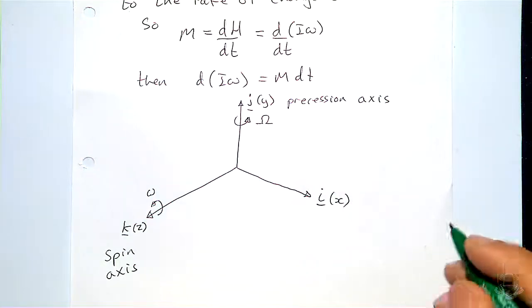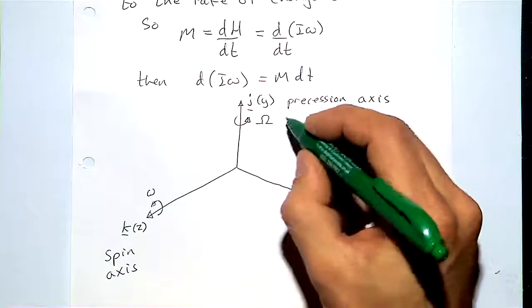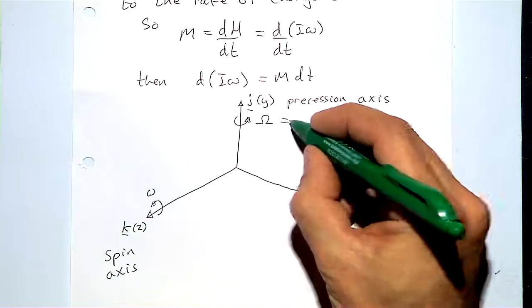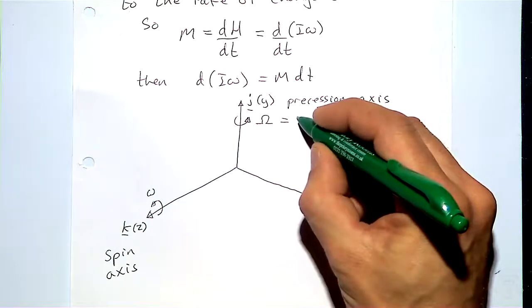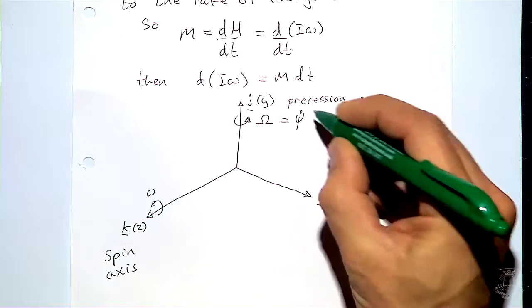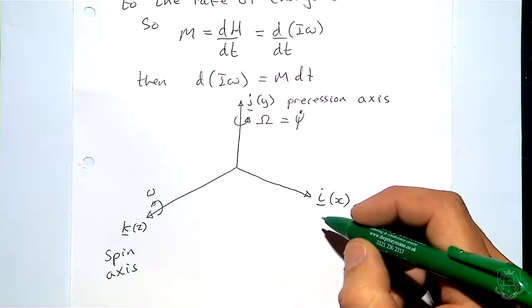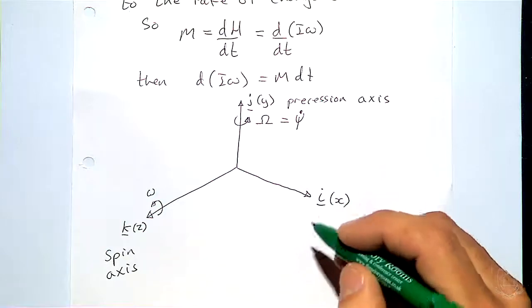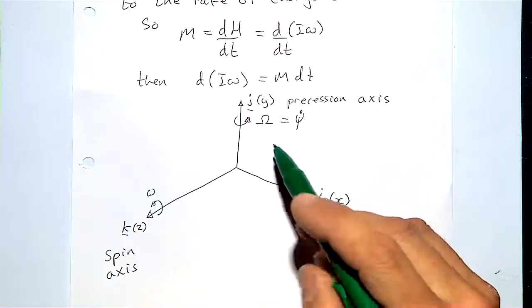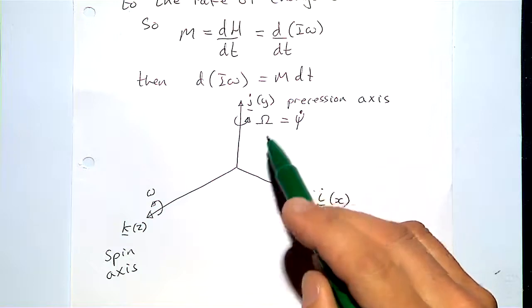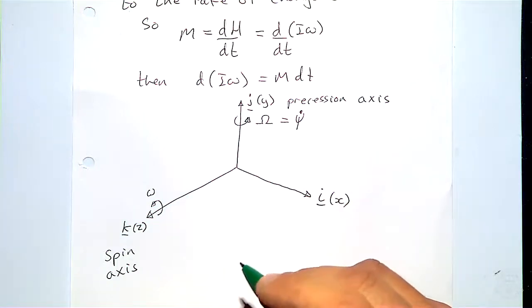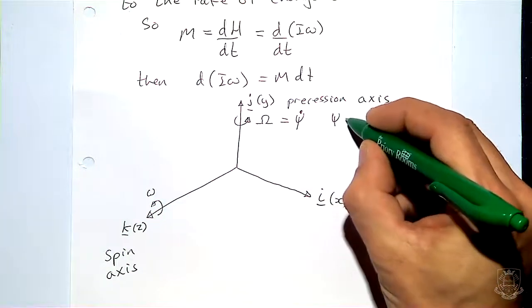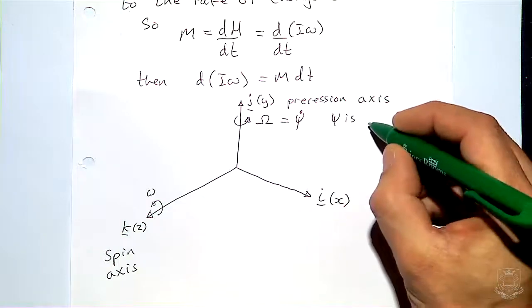If we take capital omega to be equal to psi dot, where psi is an angle, then d psi by dt is the rate of change of the angle, or the angular velocity along this axis. Psi is the precession angle.